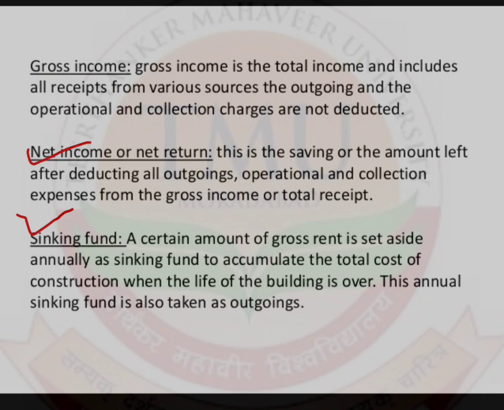So a certain amount of gross rent is set aside annually as sinking fund. For what? To accumulate the total cost of construction when the life of the building is over. Because when the life of the building is over, the owner must accumulate the amount that he has invested in the construction of the property.